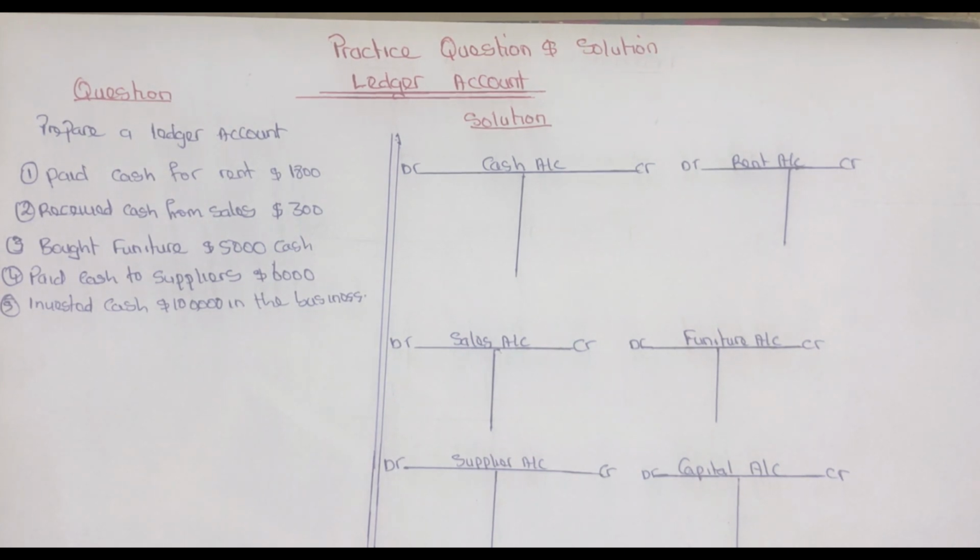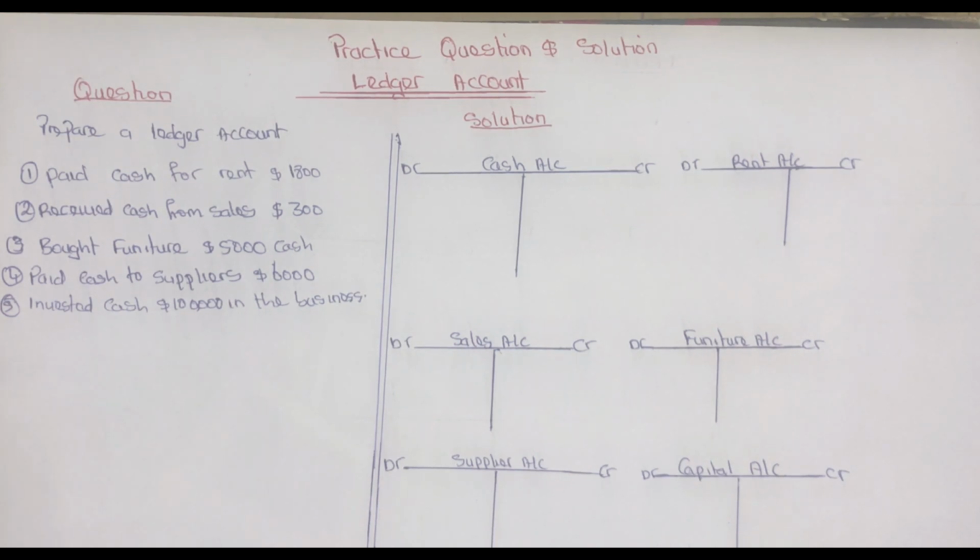And make sure that you determine the account that is increasing. Remember, the account that is increasing, you debit it, and the account that is decreasing, you credit it. And also make sure to keep the accounting equation in balance, meaning the debit side must be equal to the credit side. So let's look at the question.